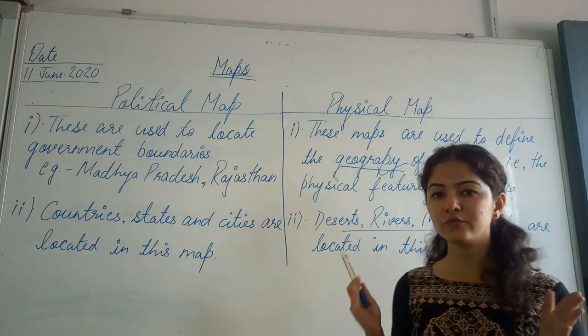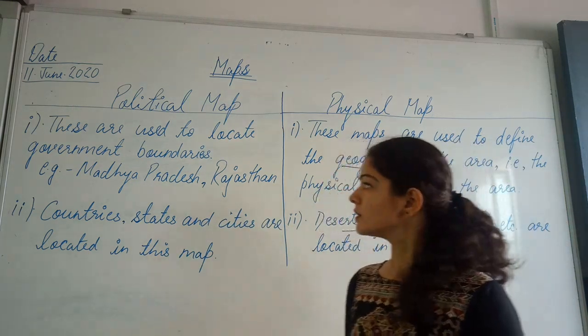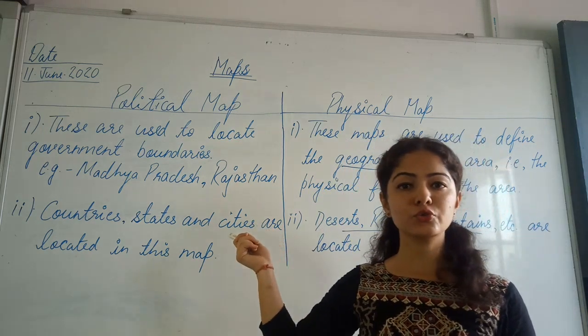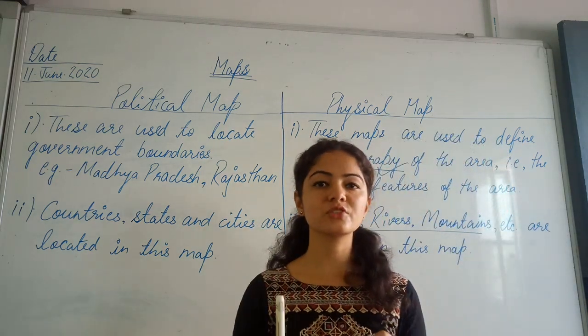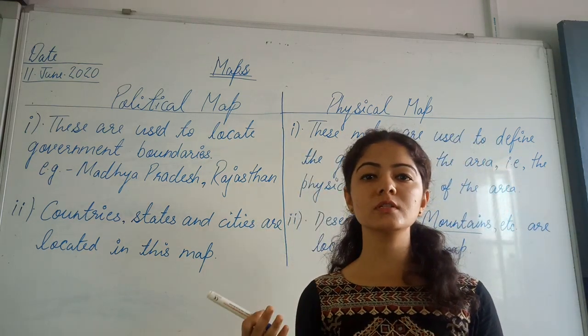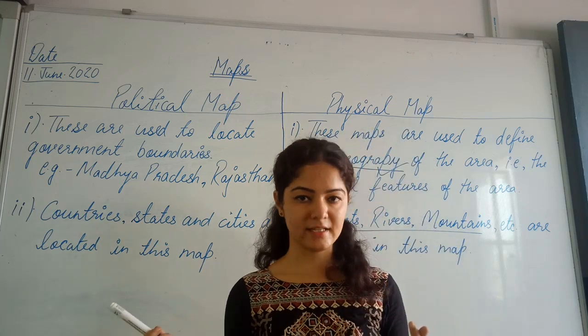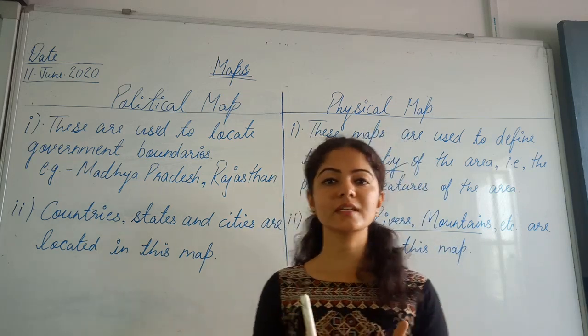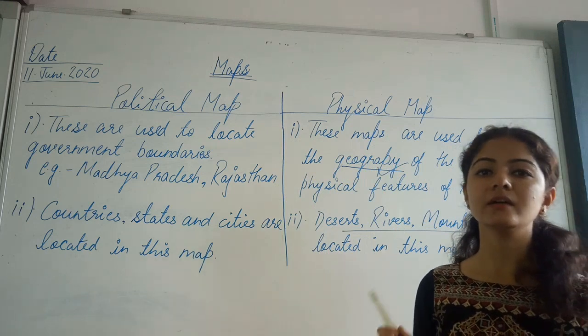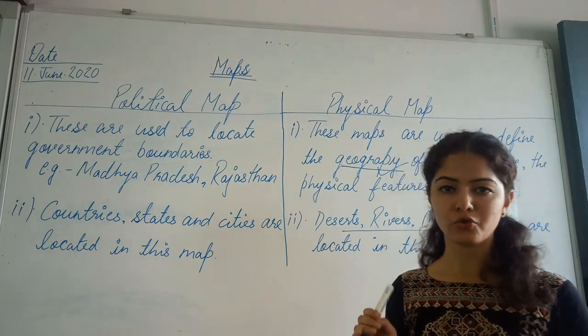Again, for a short revision, the political maps are used to locate the countries, states, cities or towns of any particular area. On the other hand, the physical map is used to locate the different physical features of any area.